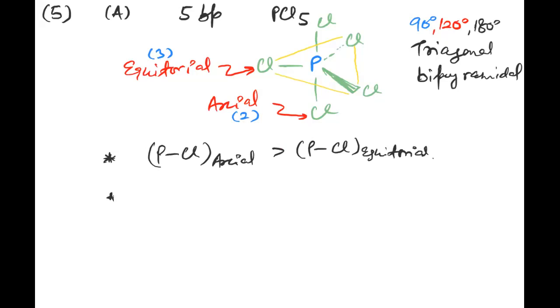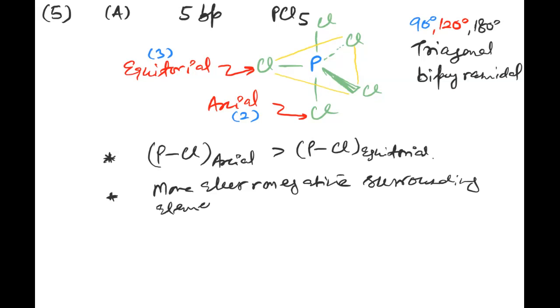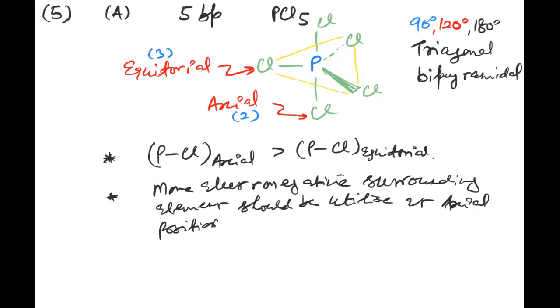Second point you can remember is, more electronegative surrounding element should be utilized at axial position for minimum repulsion.